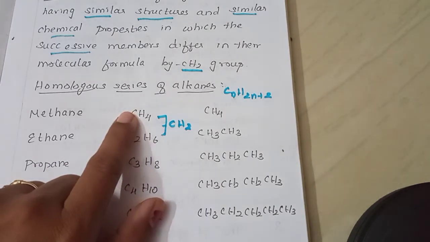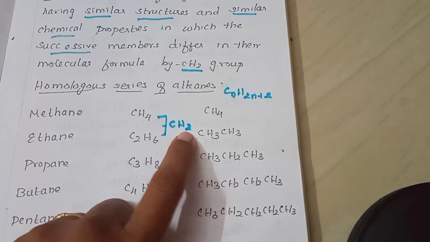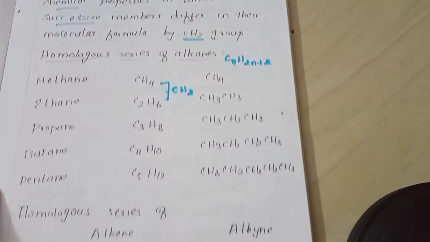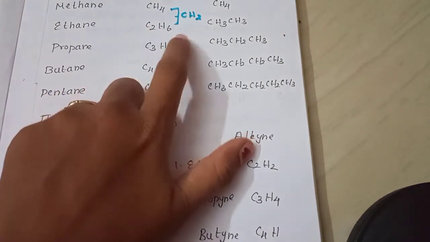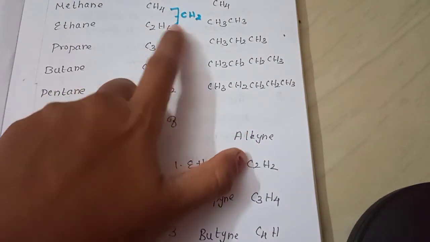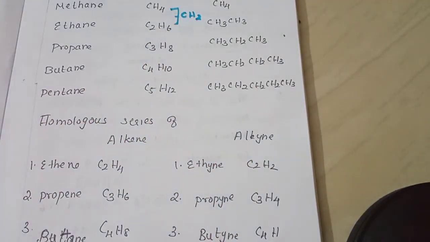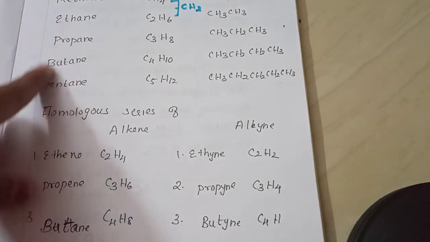This is an important thing. And we see the same thing again: 3 minus 2, 1; 8 minus 6, 2. So CH2. You can see this for all the members of the homologous series of the alkane.